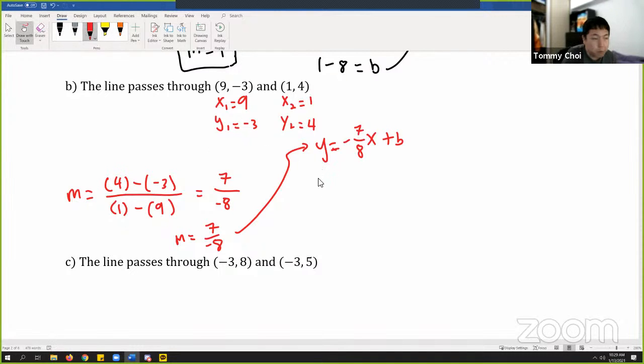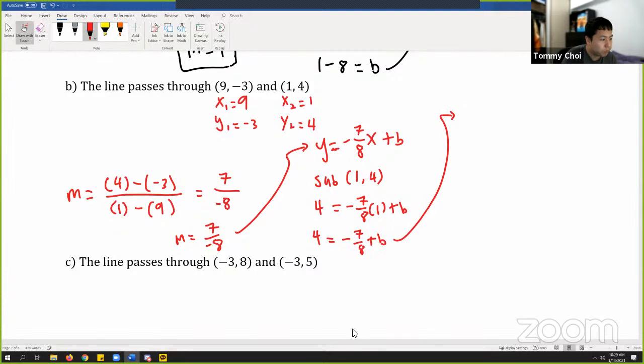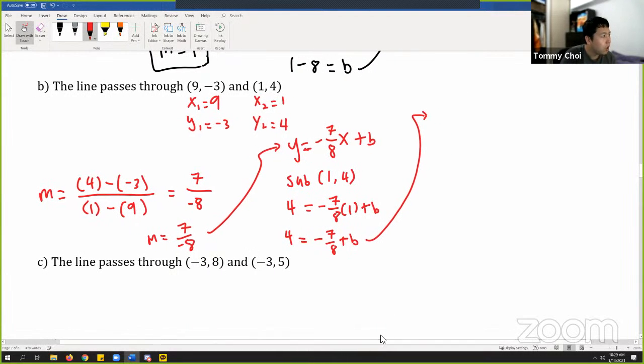We usually use the simpler one. So I'm going to use 1, 4. And plugging that in, I'm going to get 4 is equal to negative 7 over 8 times 1 plus b, which gives me just negative 7 over 8 plus b. Solving that out and moving negative 7 over 8 to the other side, I get 4 plus 7 over 8 is equal to b.